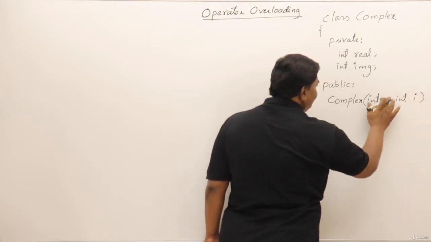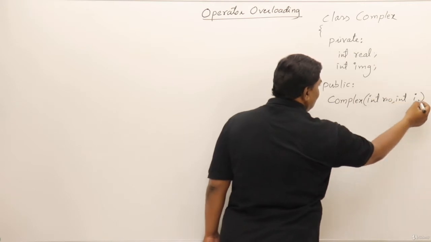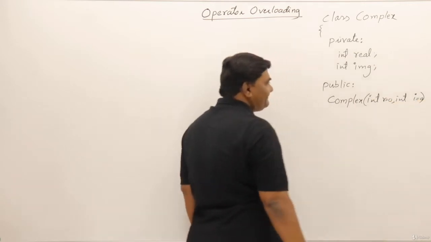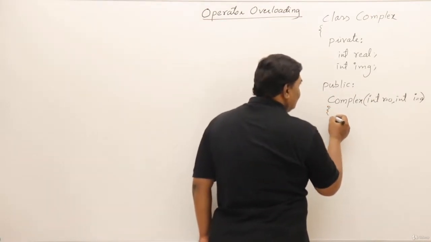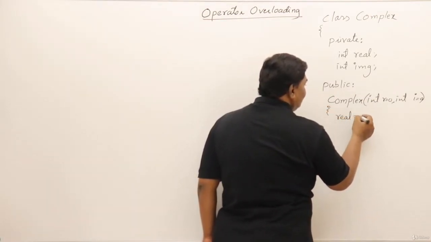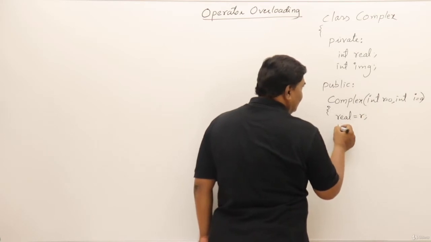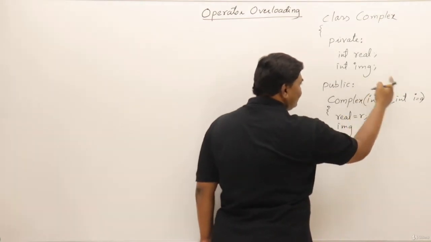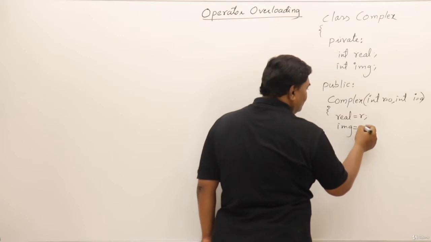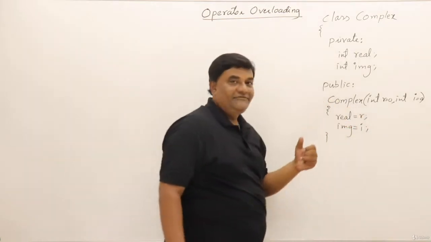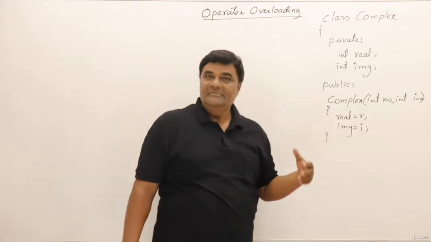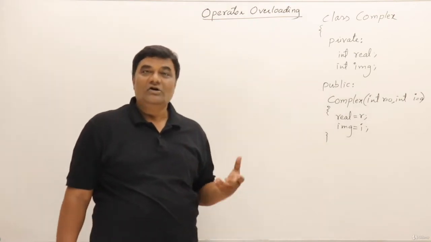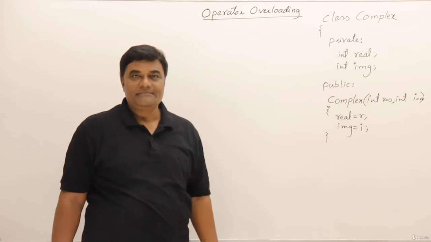Let us make these arguments default arguments, that is 0 and 0, meaning if nothing is passed, they will take the value 0. And here real assign R and imaginary img assign I. So this is a default argument constructor, which works as a parameterized constructor as well as a non-parameterized constructor.